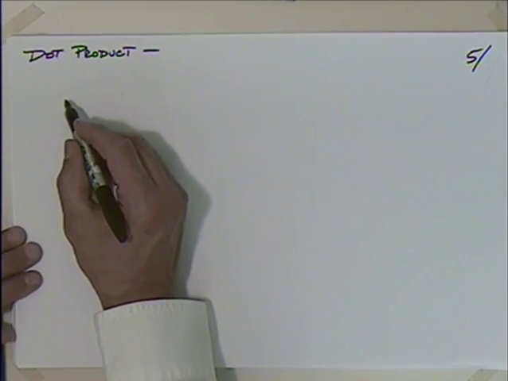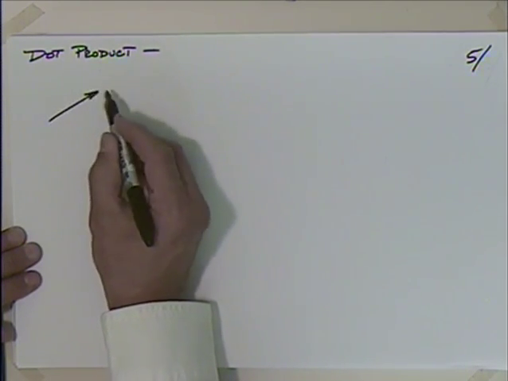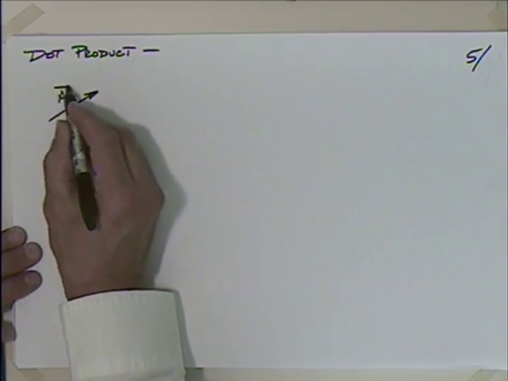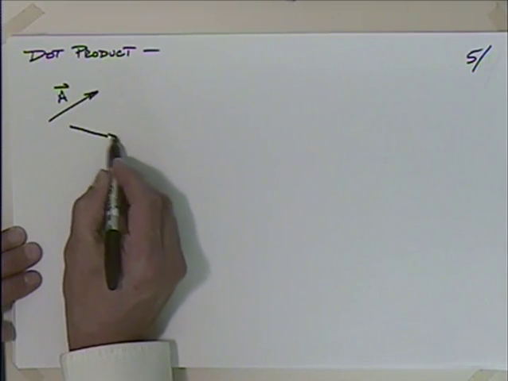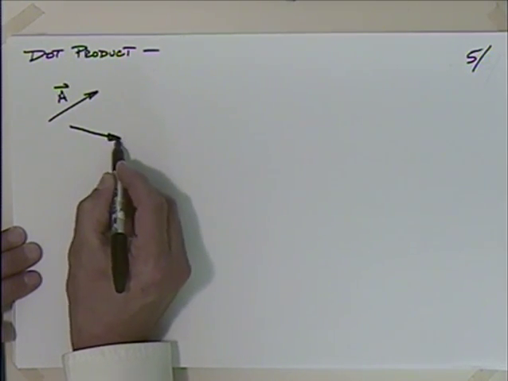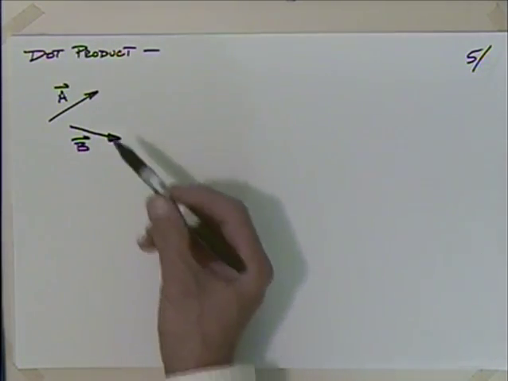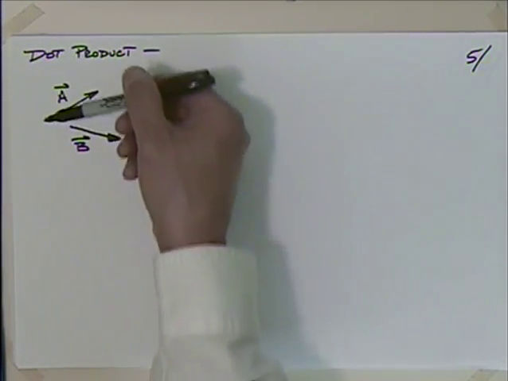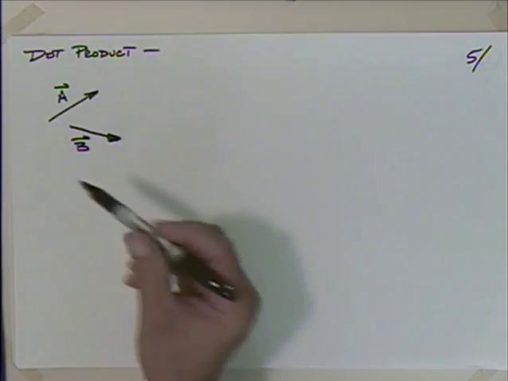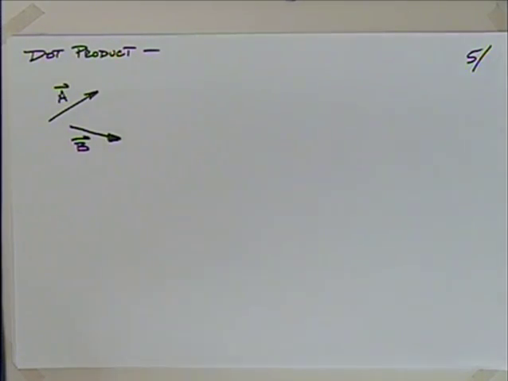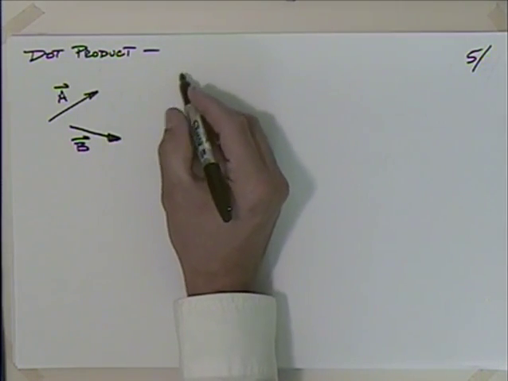Well, the motivation for the dot product is if we take a couple of vectors in space. Let's say I have vector A and I have vector B. Okay, so I've got those two vectors in space, and I can't really do them justice here on the page. You could imagine that A might be pointing into the page some and B might be pointing out of the page some. So they're really vectors in space. And I could ask a couple questions.